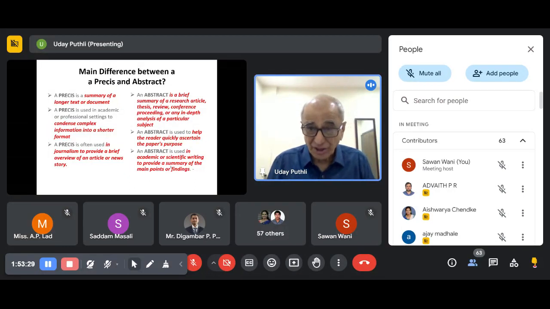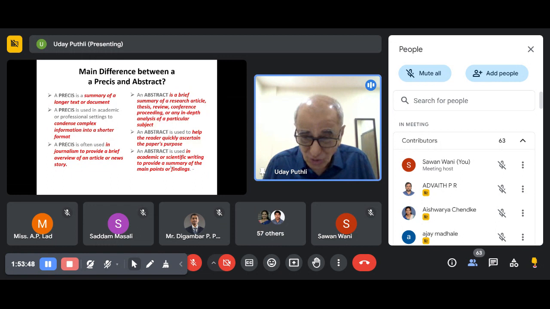There's a project report, you're making an abstract. An abstract is used to help the reader to quickly ascertain the paper's purpose. Here, the paper does not mean research paper only, it means whatever technical information you have, generally technical.